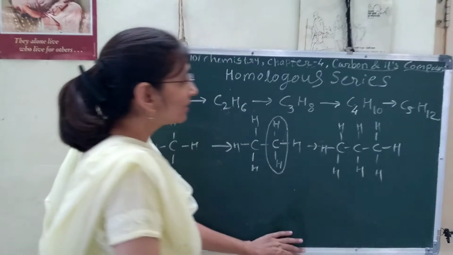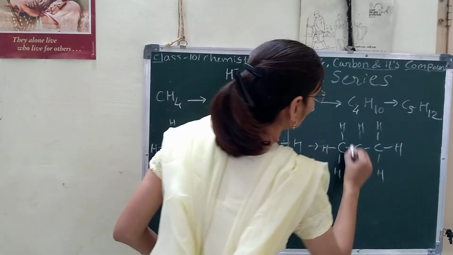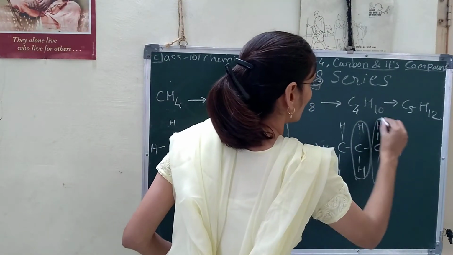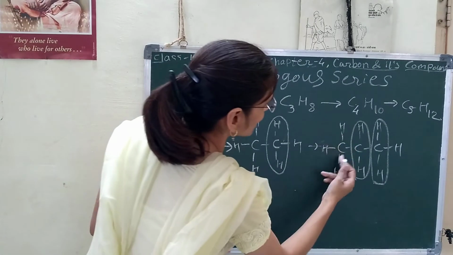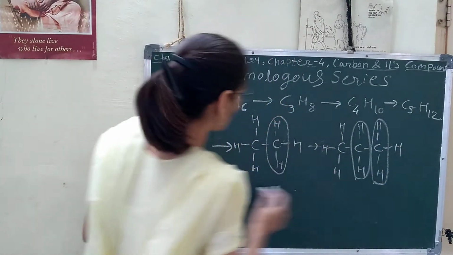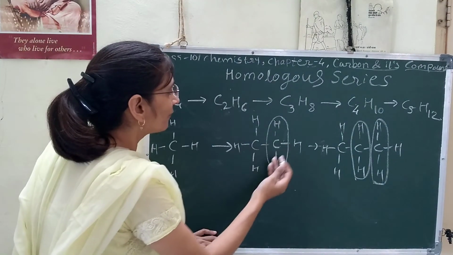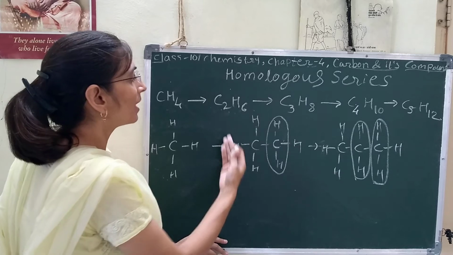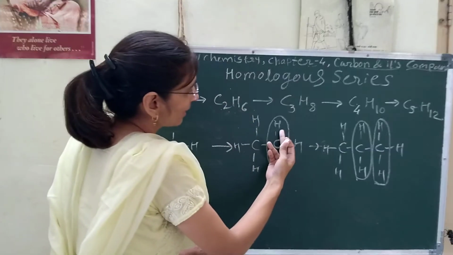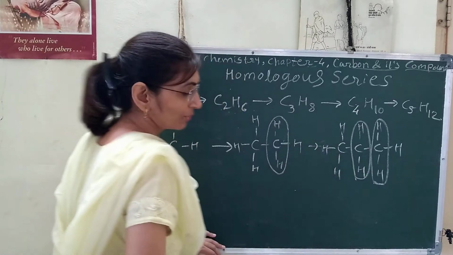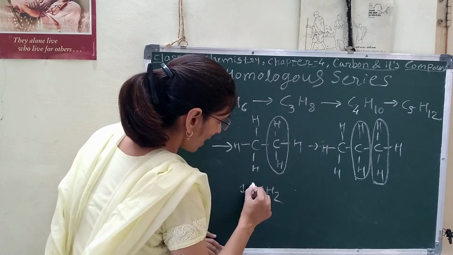So how many CH2 added compared to the first member? 2. Are you seeing here? The remaining is the CH4, C, 1, 2, 3, 4 H. So for every consecutive compound, we have to add only CH2. Here one CH2 we have added.